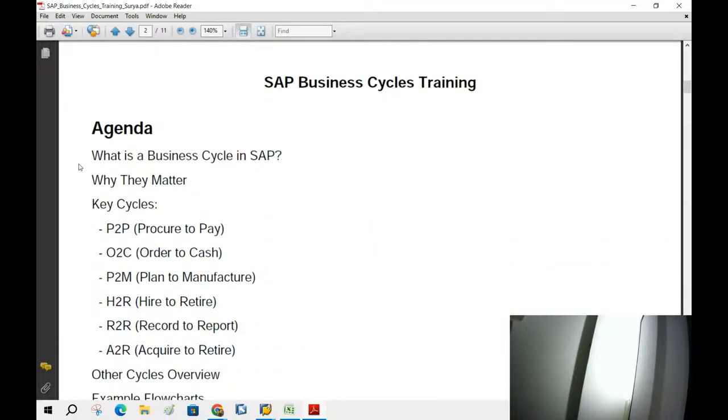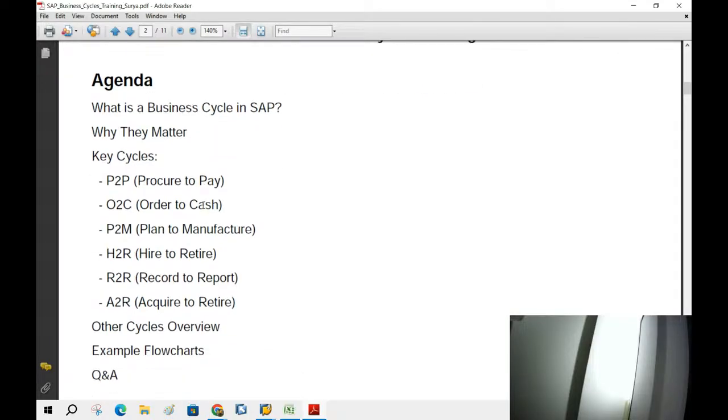What is the agenda? Why do they matter? Key cycles. What is the first cycle called? Procure to pay. Procure to pay is nothing but Mary's purchase department. They are procuring the raw material, and finally they are paying for it. So that cycle is called procure to pay.